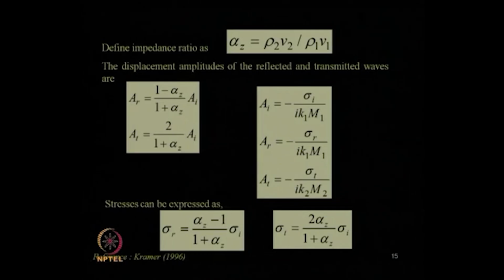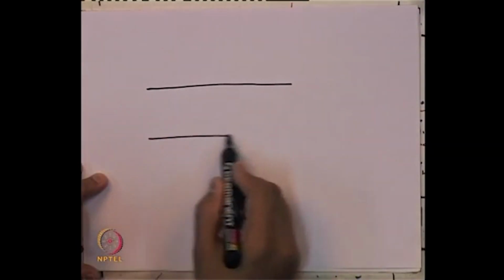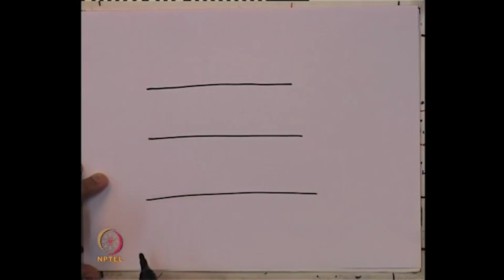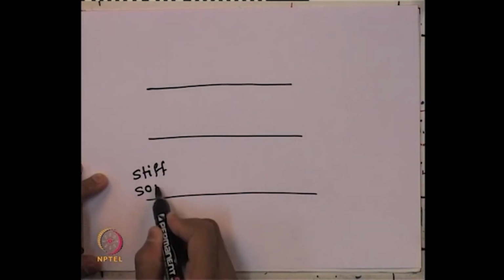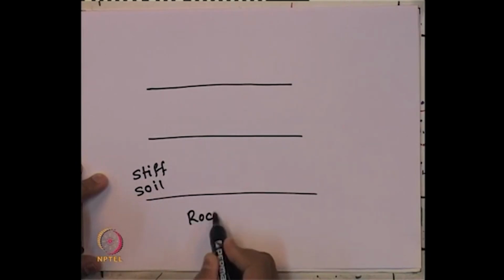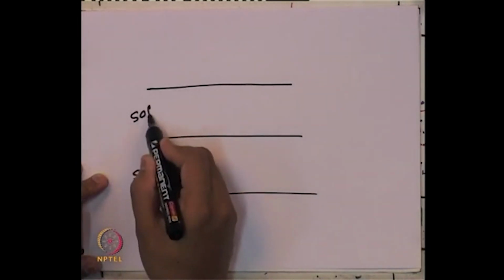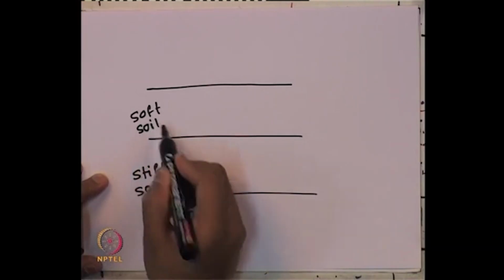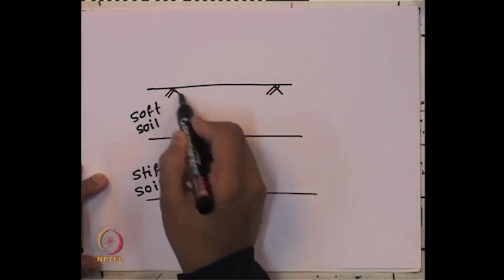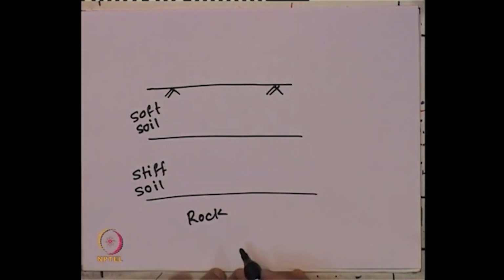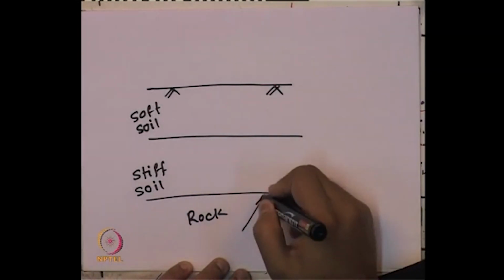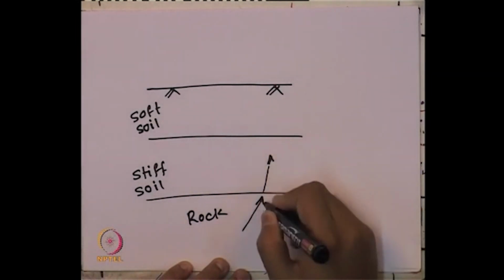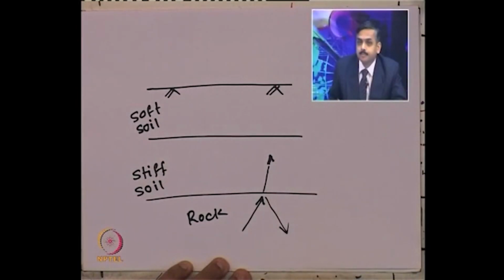So, let us say here we are coming from stiff soil, rock, to soft soil. This is the typical profile. Now, from rock your waves are coming. Incident wave. So, some of that will get transmitted, some of that will get reflected.